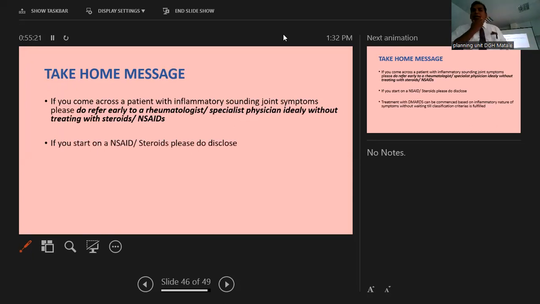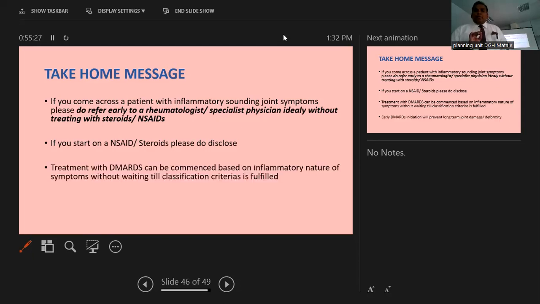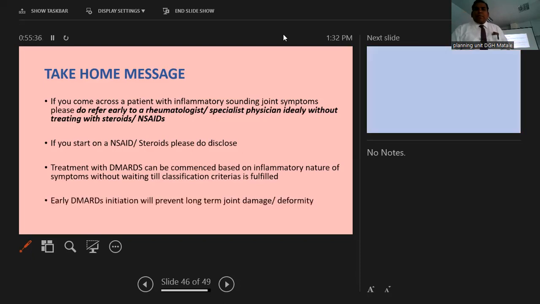If you start an NSAID or a steroid, please disclose that. Treatment with DMARDs can be commenced based on the inflammatory nature of the symptoms without waiting till the classification criteria are fulfilled. And the last thing, early DMARD initiation will prevent long-term joint damage or deformities.